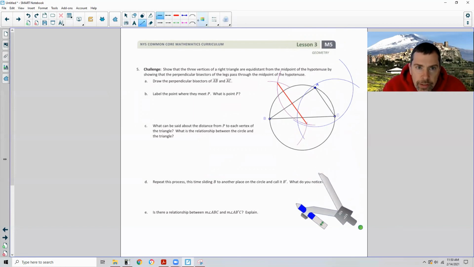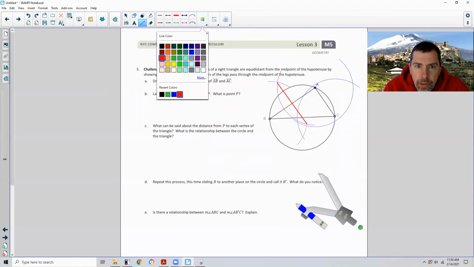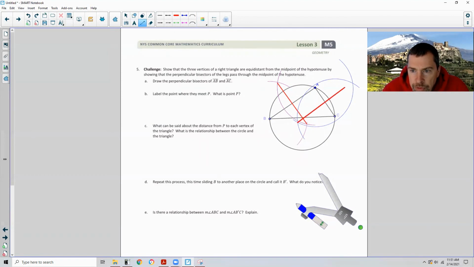Construct a segment, and I'll use red again, from my intersections of my two blue arcs, which are right here. That's why it's a good idea to use different colors if you can. And go to this end. Okay, I'm off just a little. When I let go, it moved. All right, so there we go. So here is the other perpendicular bisector.